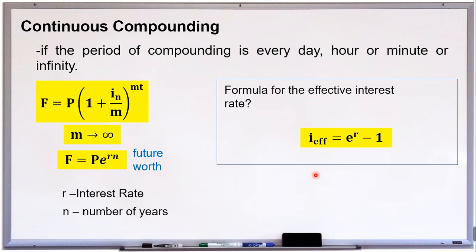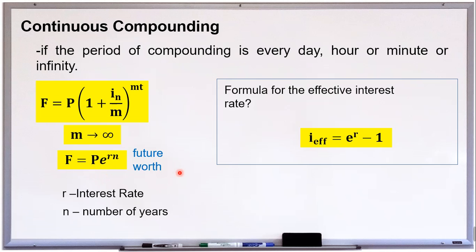Now the question here is, how is this formula for continuous compounding derived? This F equals P times e raised to Rn.